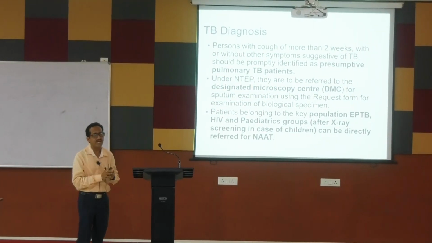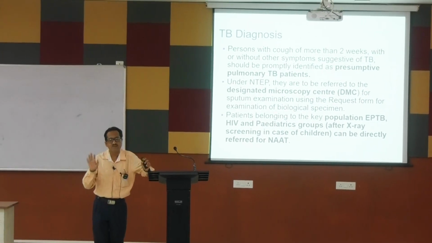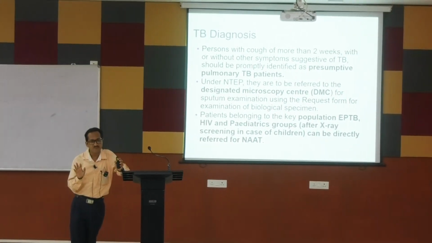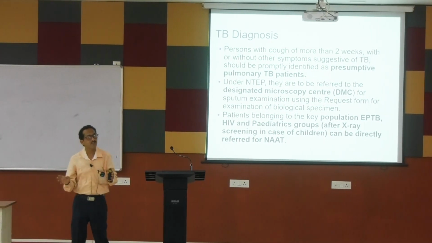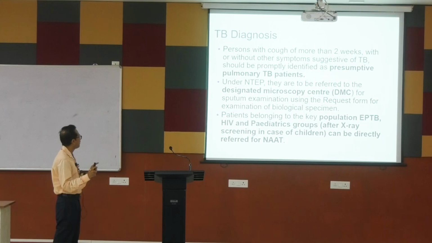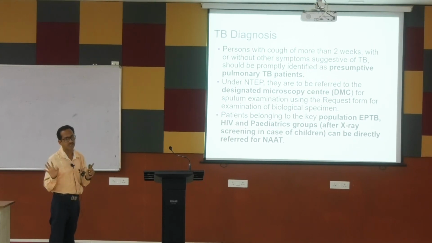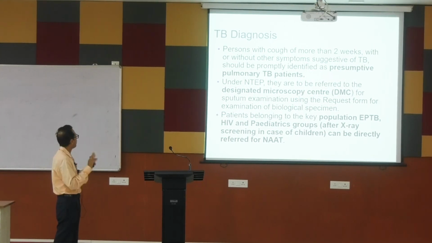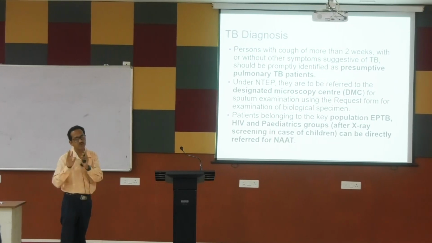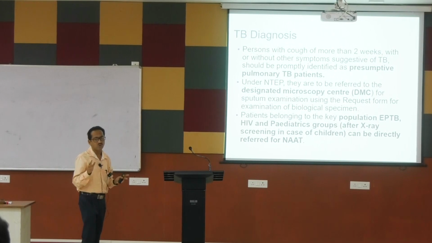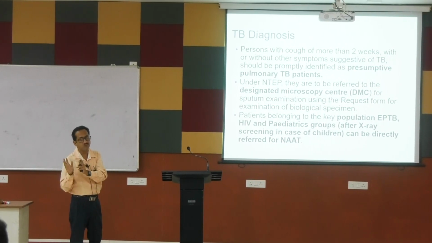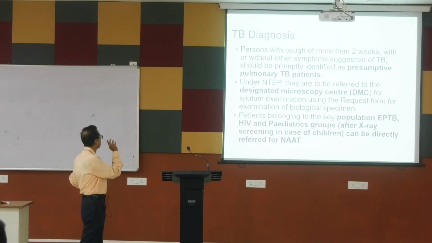Now, in which patient will you prescribe the test for TB? What are the clinical features? A patient will come to you with cough for more than 2 weeks, with or without fever, with or without hemoptysis. So any patient coming to you with cough for more than 2 weeks, tuberculosis should be excluded.